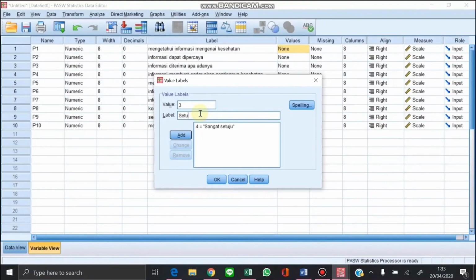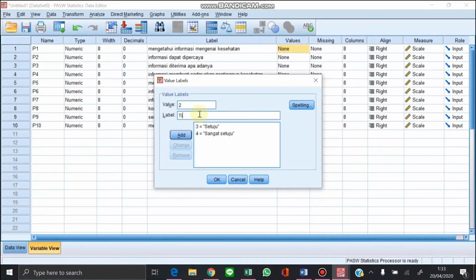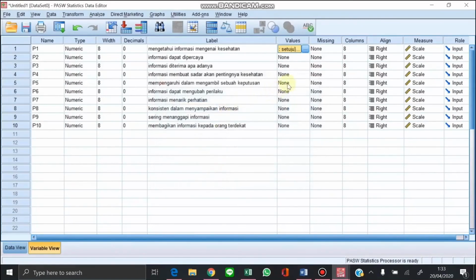Next, 3 means agree, 2 means disagree, and 1 means strongly disagree. Click Add and then click OK. Do it for every question, copy it, and then paste.